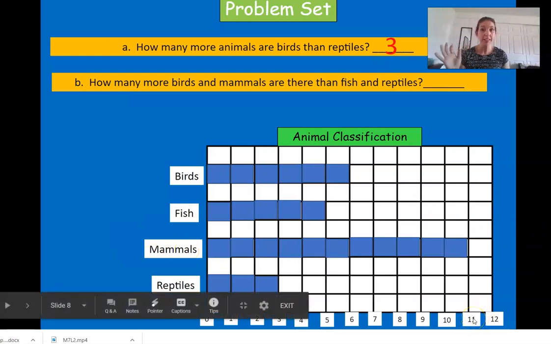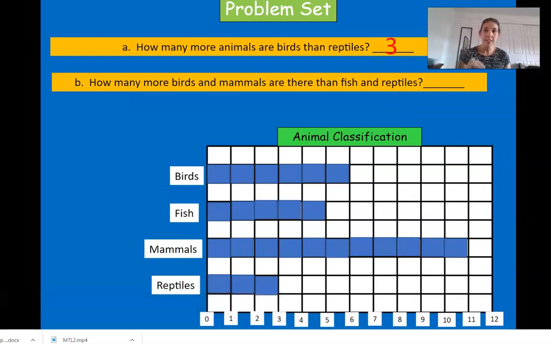So 6 plus 11 equals 17. And then we have to count fish and reptiles. So fish have 5, reptiles have 3, so we have 8. Now we have to subtract 17 minus 8. And our answer is 9.